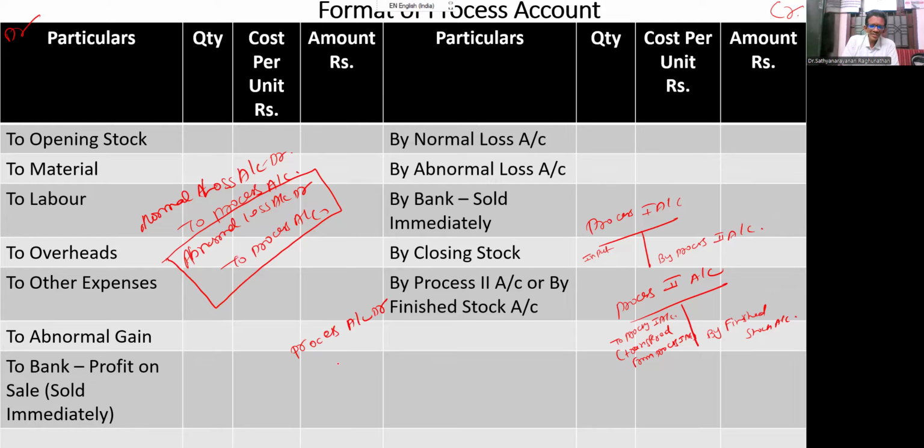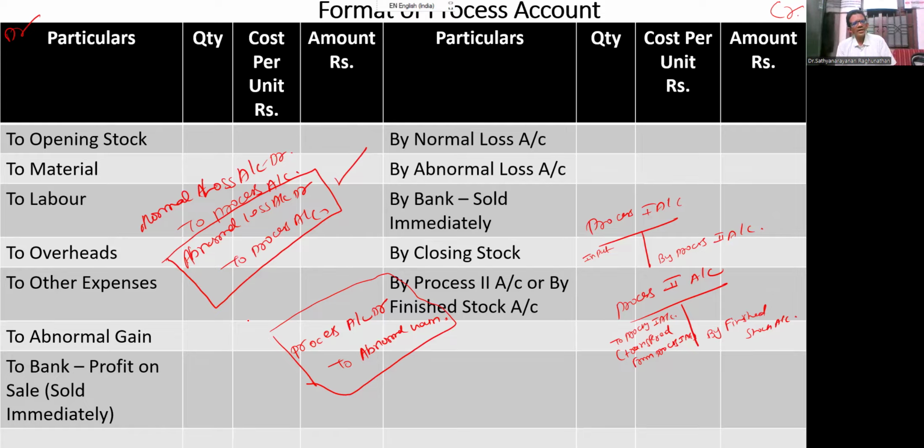In such a situation, the entry will be process account debit to abnormal gain account. If there is abnormal loss, the entry will be abnormal loss account debit to process account. If there is abnormal gain, then the entry will be process account debit to abnormal gain account. Reverse entry. That is why abnormal gain appears in the debit side of the process account.